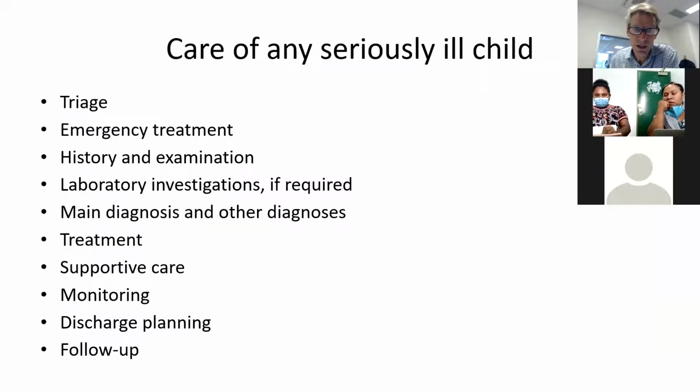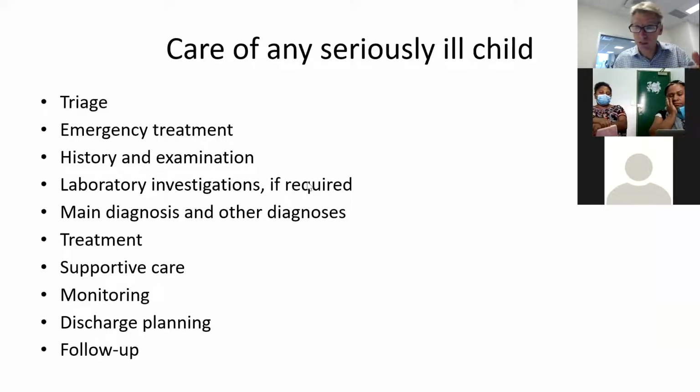Whenever you're thinking about the care of any seriously ill child, you should go through this process. There should be triage first, where you do a basic assessment, and then you look for emergency signs and provide emergency treatment. You've taken a very brief history to start with, but then you take a more detailed history and do a more detailed examination.